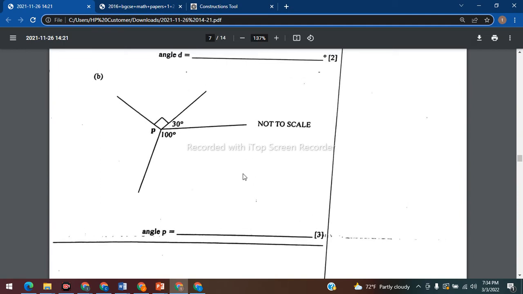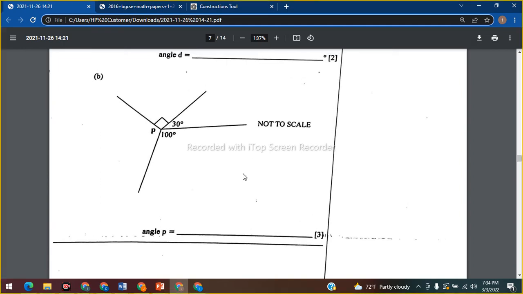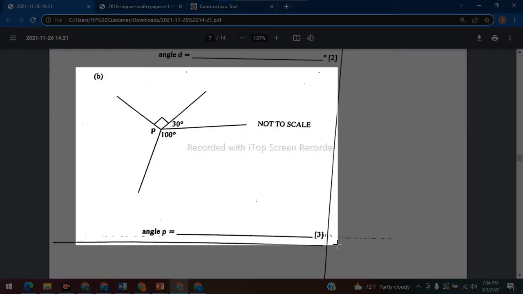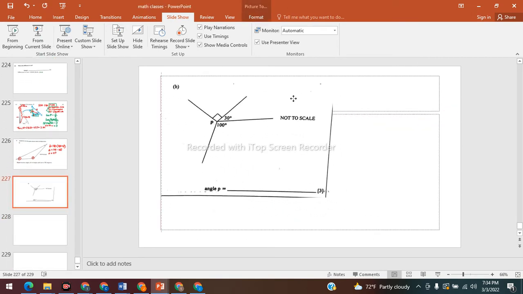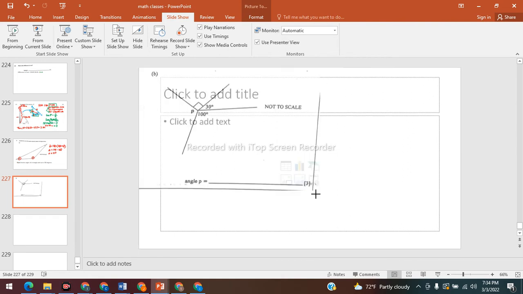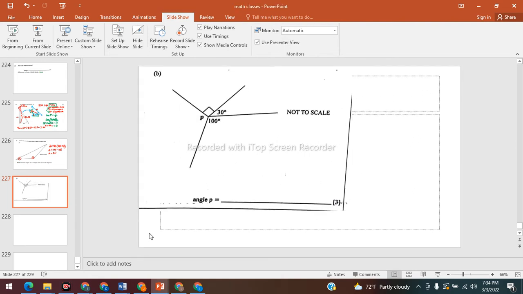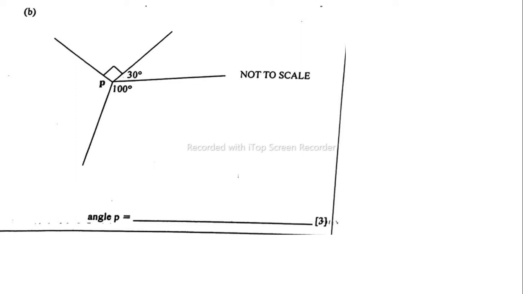I'm going to give you all the opportunity to do it on your own, and you'll tell me what you get. Try it out for me, please. What is P?